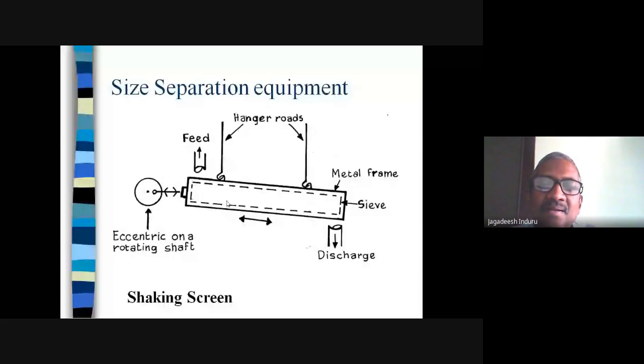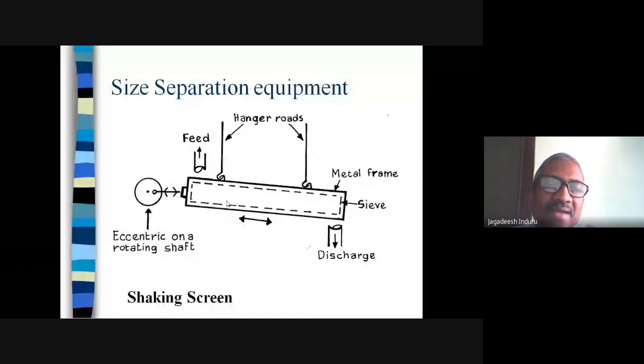Why is it being given? Sometimes it is used as a misnomer also, but in this particular equipment, your sieve is also equipped with a screen to give enough strength, because we are using tons of material. The sieve will be present at the bottom and the screen will be present at the top to give the support.